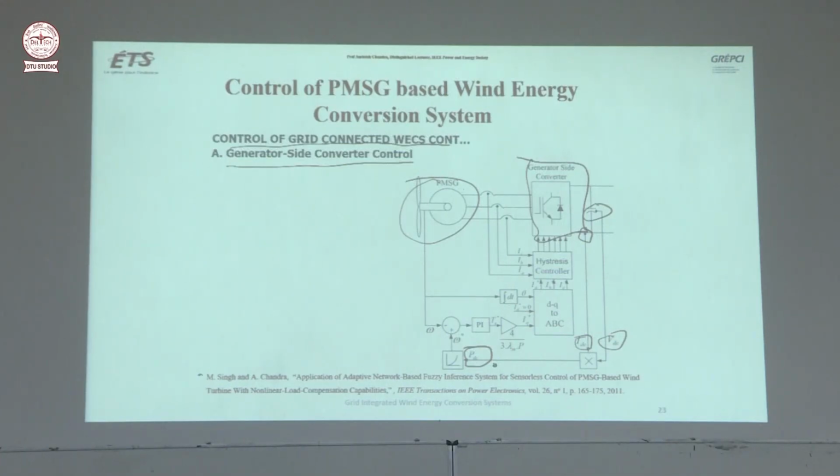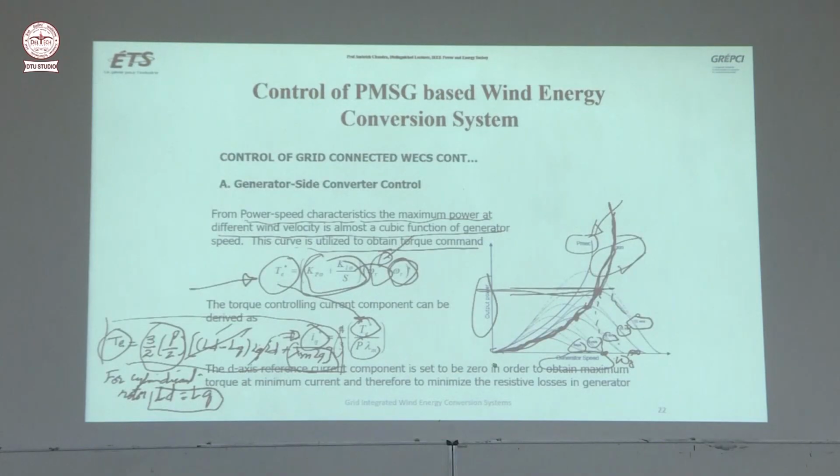Then for that power, you use this curve, which is the topmost point for each wind speed, where you draw this cubic curve, and from there, whatever P is there, you get the corresponding reference speed. This is the reference speed here.